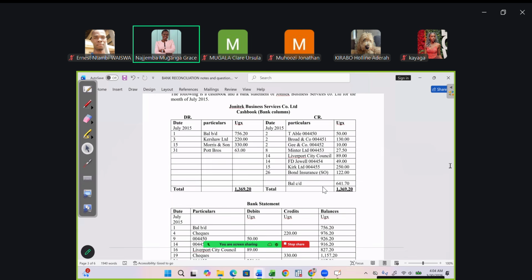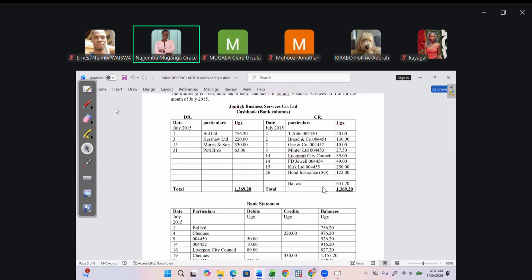Assuming you have this Janitech Business Service Company Limited cash book, but the bank column.